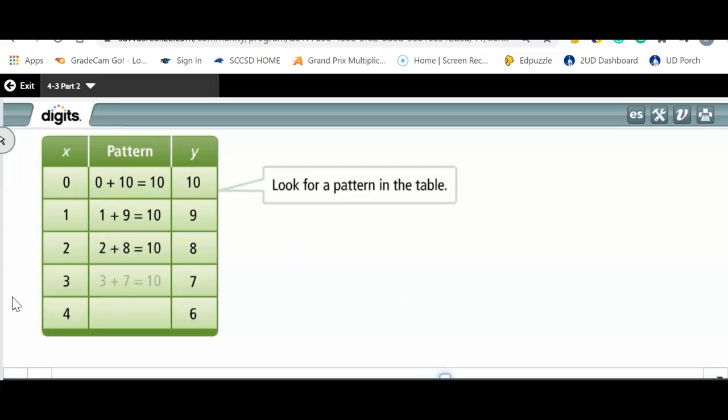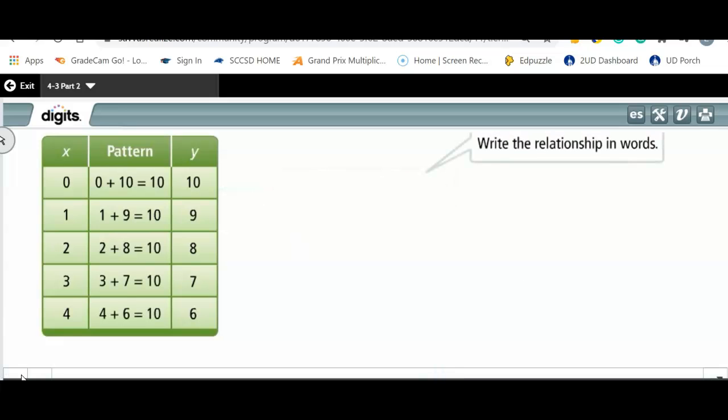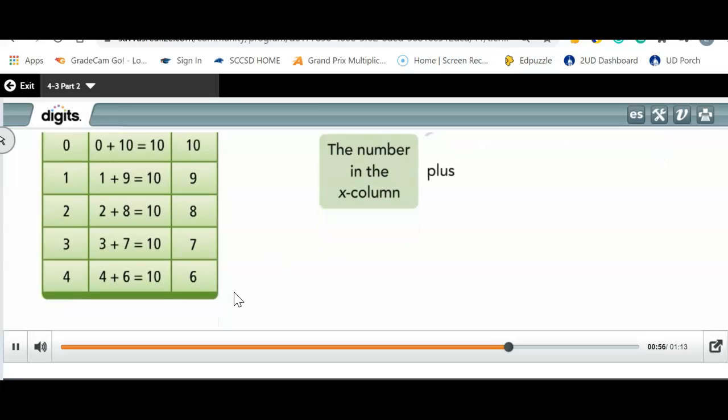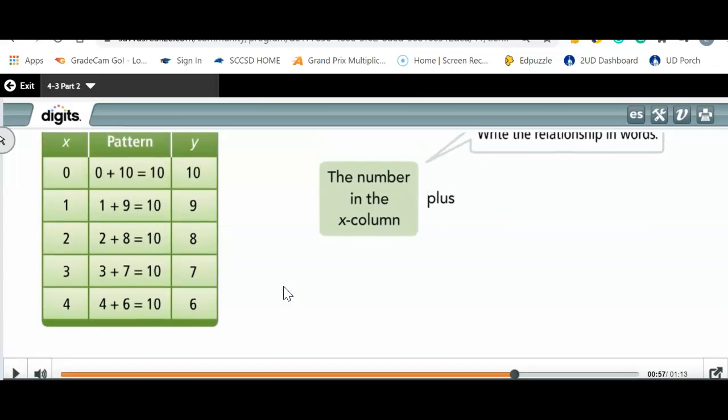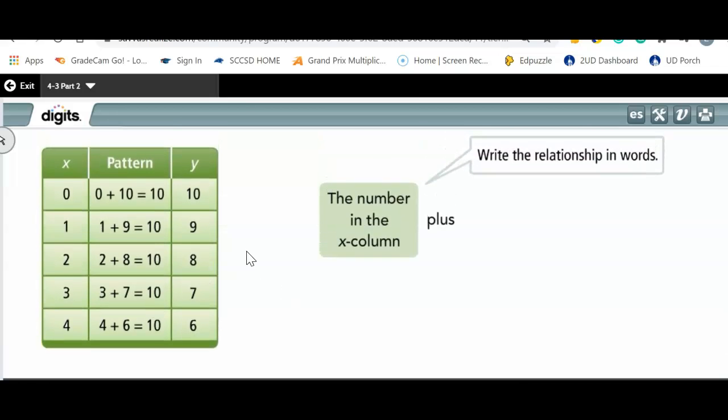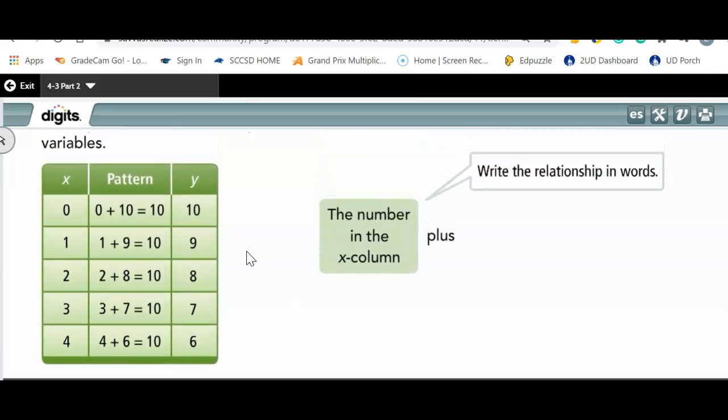Okay, so what is the pattern in the table? Write the relationship in words. The number in the X column plus the number in the Y column. Okay, it's giving you the pattern. What I want you to do with your neighbor is write the equation that goes with this pattern. What is the equation for this table and graph?